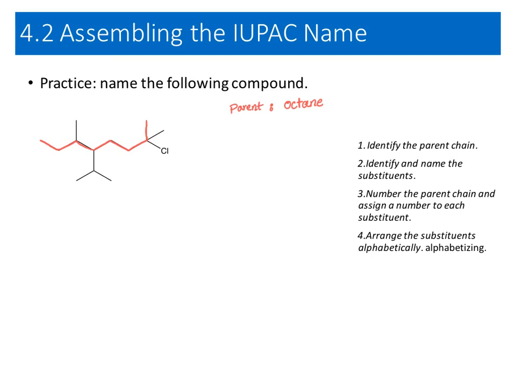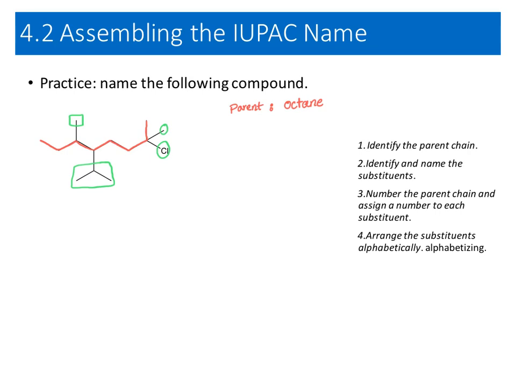Then the next step is to identify and name the substituents and also number the parent chain. So I'm going to combine these two steps together. Let's first identify the substituents. I have a methyl here, chlorine here, this is isopropyl, and another methyl here. Then I need to number the parent chain.